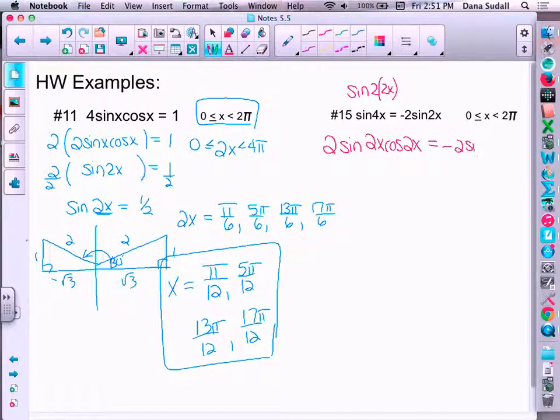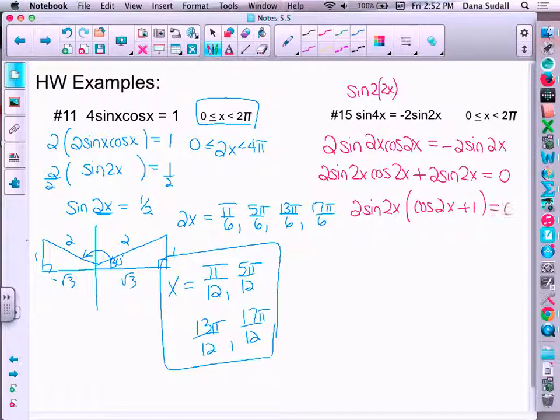The other side is negative 2 sine 2x. I can put everything on the left-hand side here, and then I should be able to factor this. My angles match at this point, so I can factor. Take out a 2 sine 2x, and I'm left with a cosine 2x plus 1.